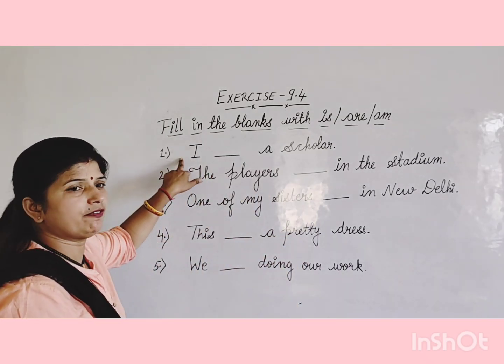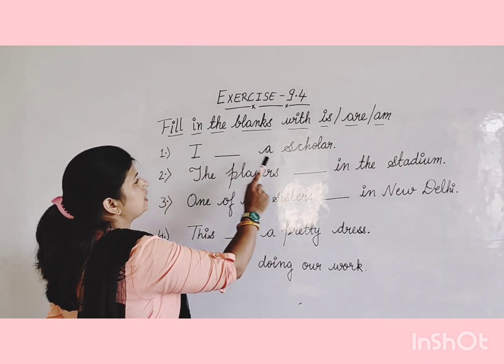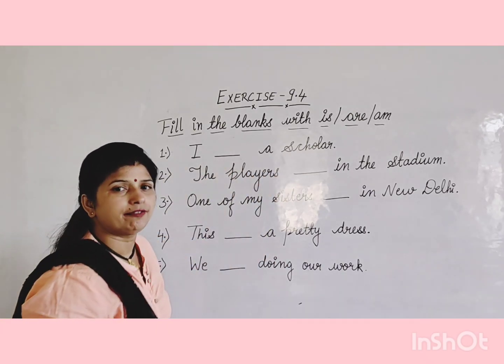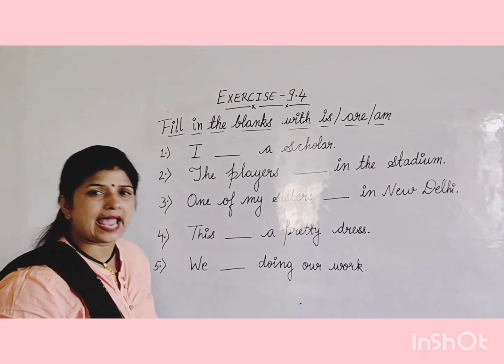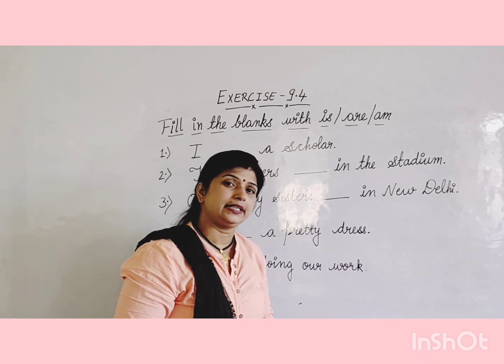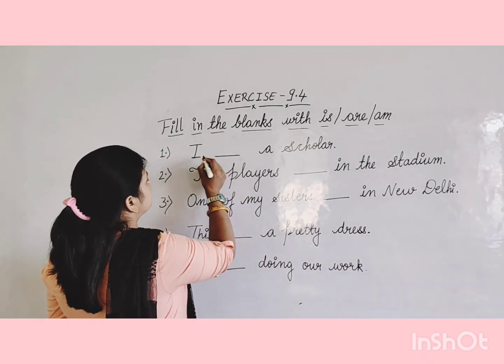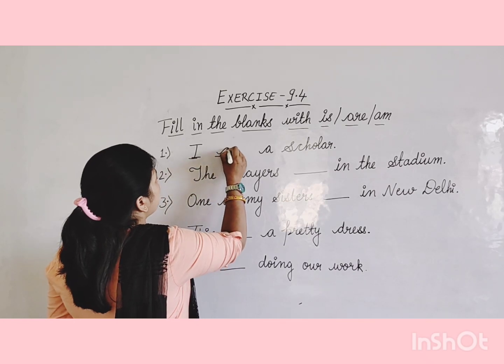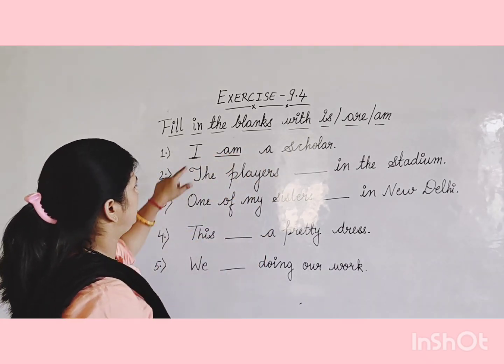So you can see the first statement in this, what is written: I dash a scholar. I have told you, my dear children, that we always use am with I. So what will be the result here? I am a scholar, right?